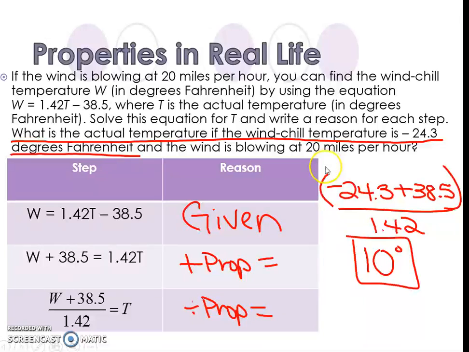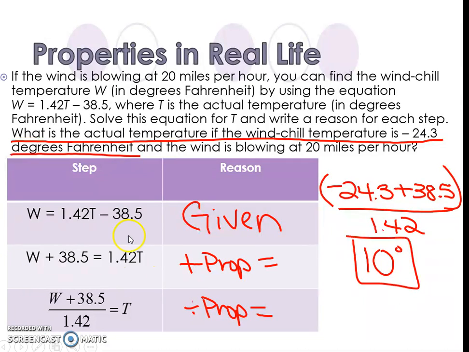Put parentheses here because you can do this first and then divide it by 1.42. If you don't put parentheses and just put this in the calculator, the calculator is going to do 38.5 divided by 1.42 first because of PEMDAS or GEMDAS, the order of operations. So you want to put parentheses on the numerator and separate these two. So the answer is 10 degrees. The actual temperature is 10 degrees, okay?